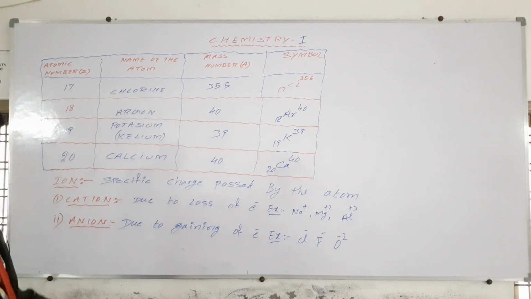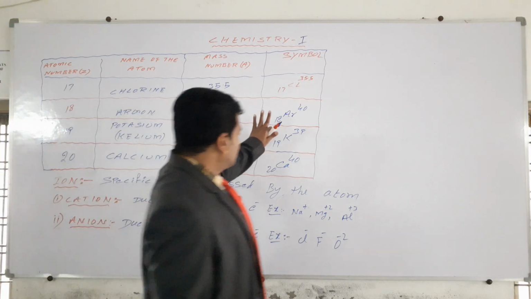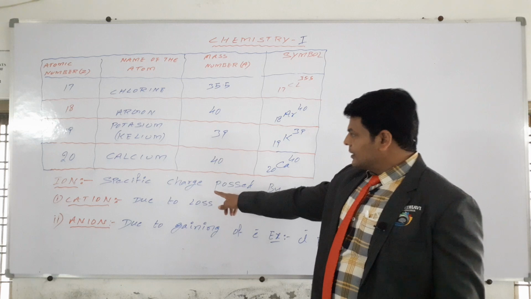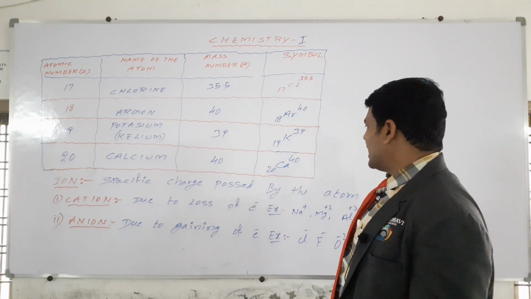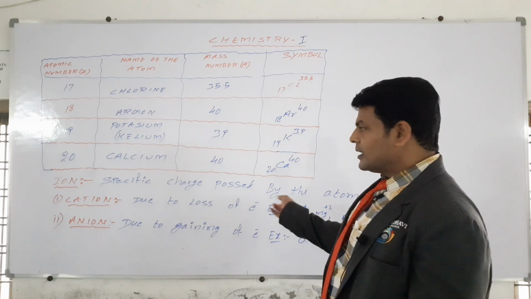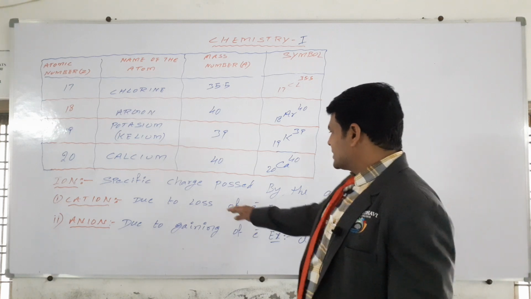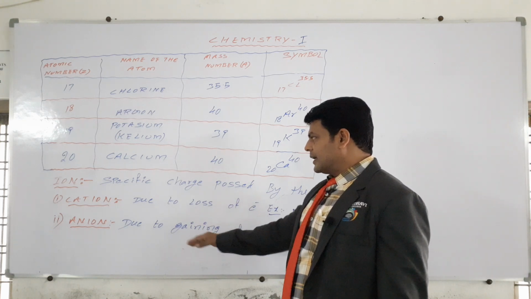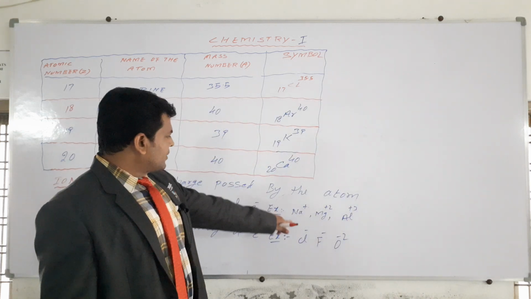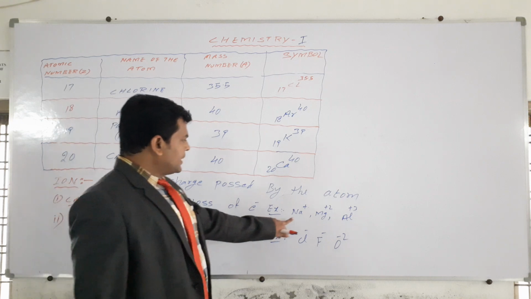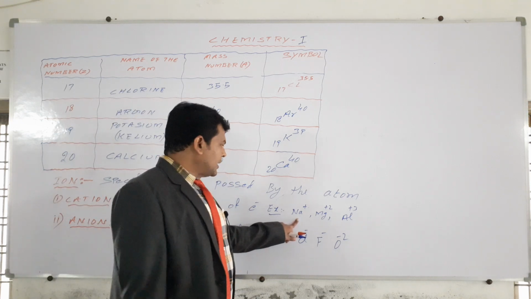So what is ion means a specific charge possessed by the atom is called ion. Ions are two types, cation and anion. Cations are formed due to loss of electrons. Na plus means due to loss of 1 electron.